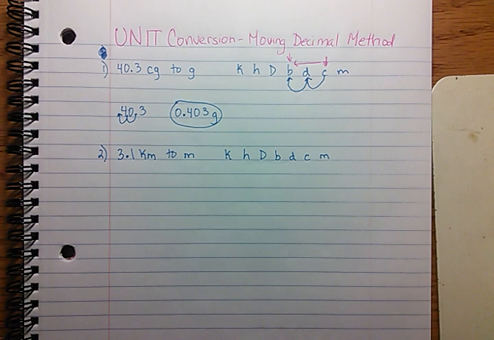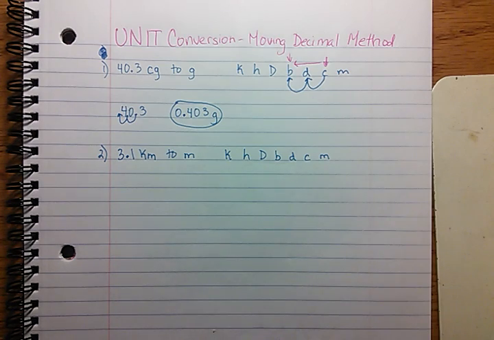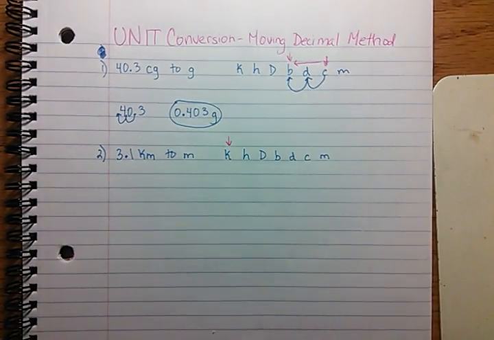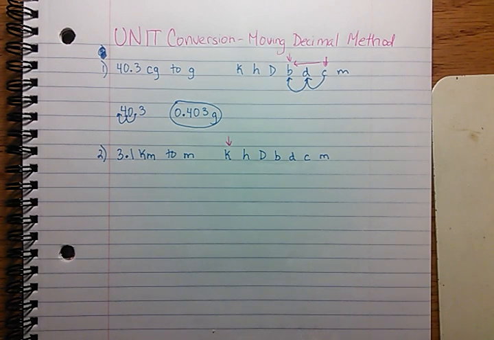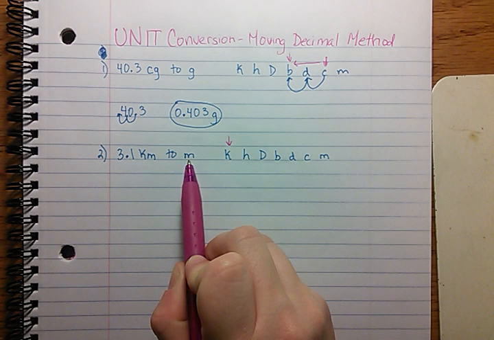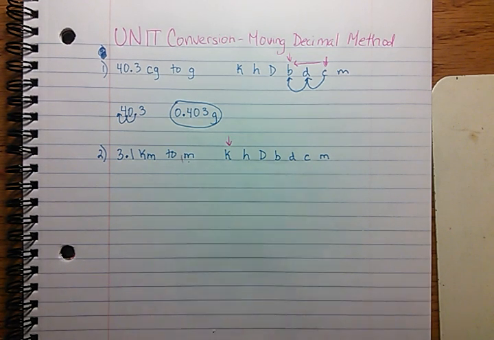So in this one, we're going from where to where? Well, we start out at K, and where are we going to? Well, we're going to base unit again. The meter is a base unit. We know that because there's no other letter here. There's no prefix.